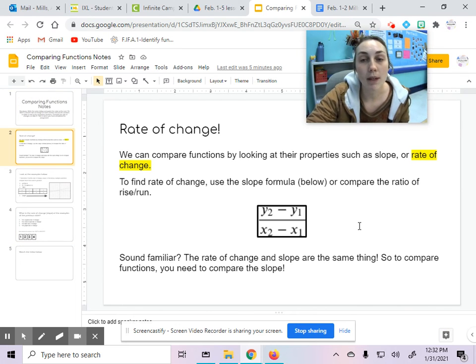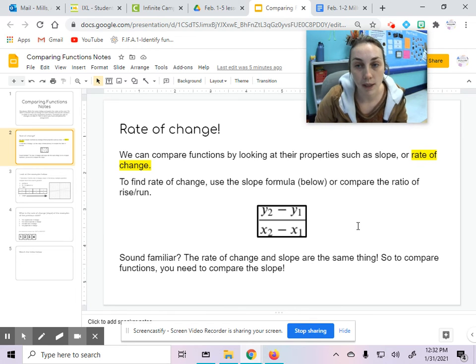When we're comparing functions, we are going to compare the rate of change. It says we can compare functions by looking at their properties such as slope or rate of change. Slope and rate of change are two words that mean the exact same thing. To find the rate of change, we can use the slope formula or we compare the ratio of rise over run. If you remember from last week, I did talk about the slope formula and rise over run.